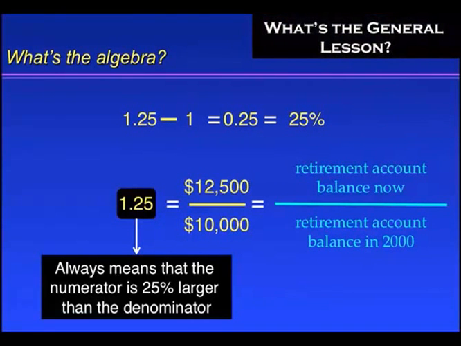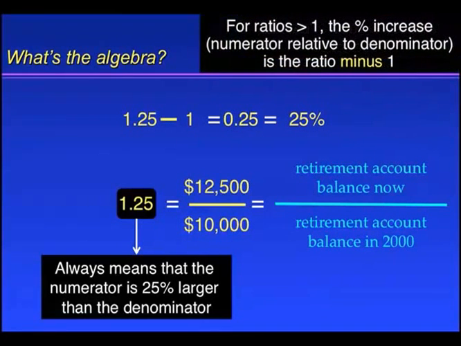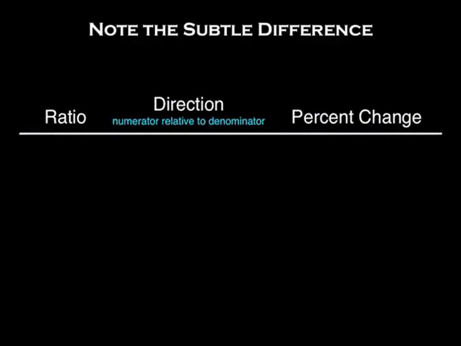What's the general lesson? For ratios greater than 1, the percent increase, numerator relative to the denominator, is the ratio minus 1. Now note the subtle difference. Here's a little table: ratio, the direction, numerator relative to the denominator, and the percentage change.